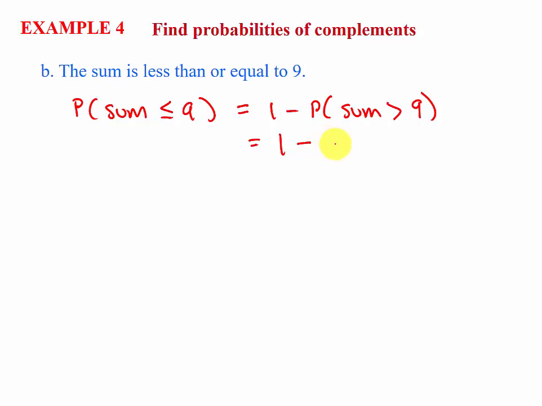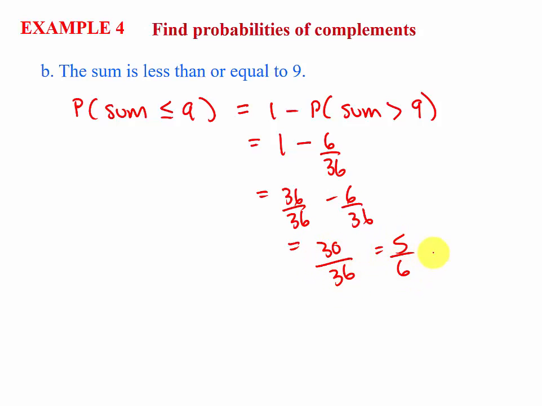If you look back at your display, it's actually 6 out of 36 that have sums that are greater than 9. Make a common denominator, and we end up getting 30 out of 36, which simplifies to 5 over 6, and approximately 0.833.